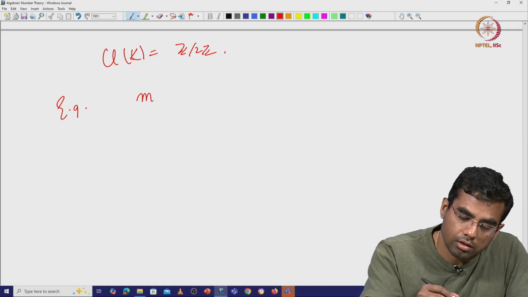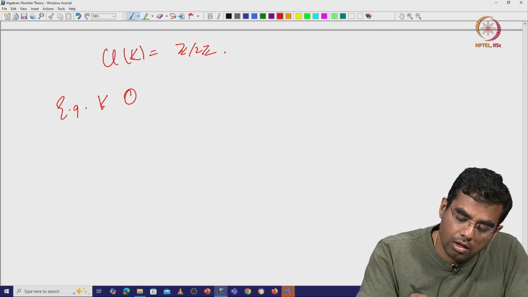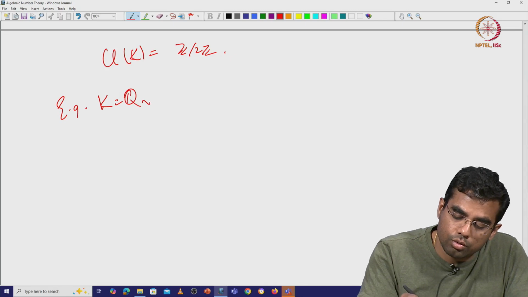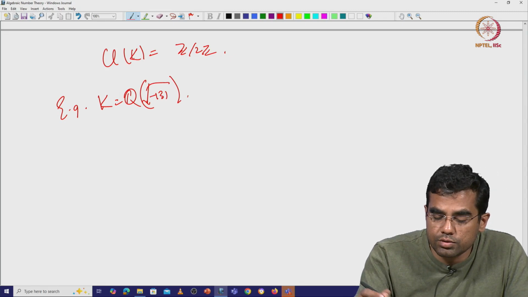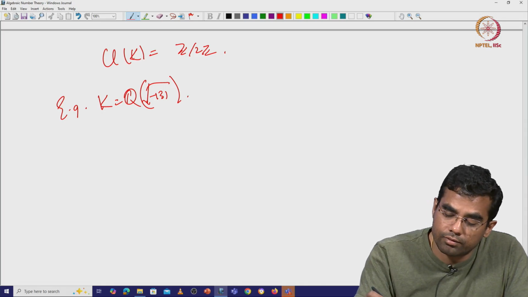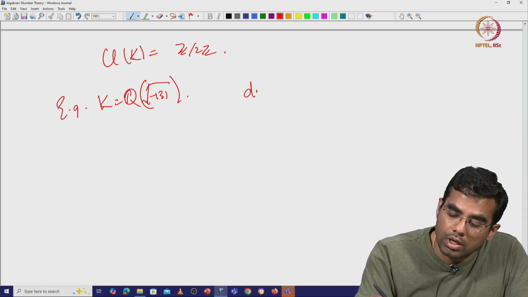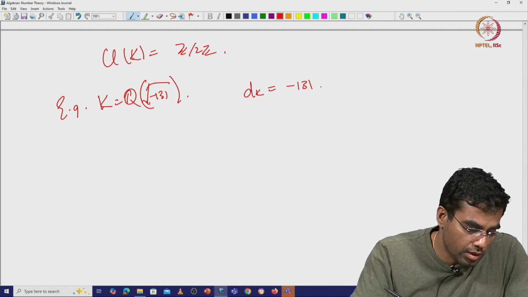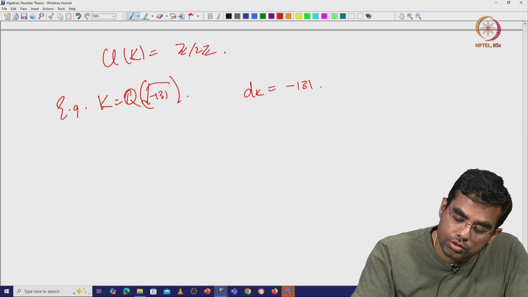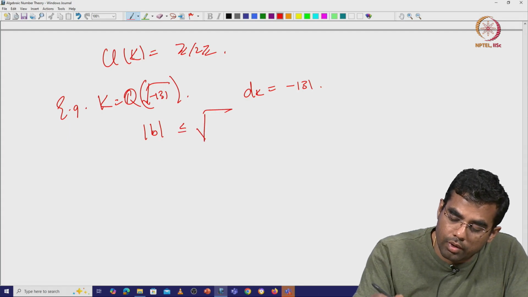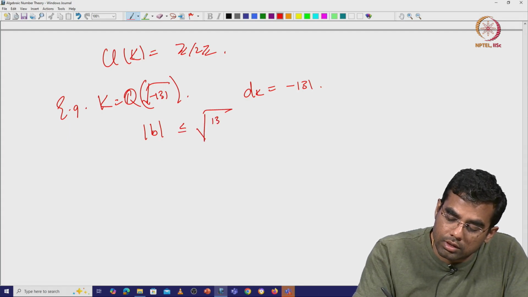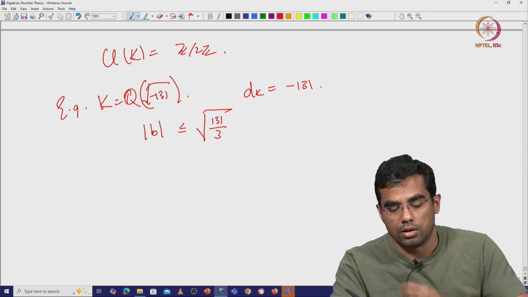So I take K to be Q of square root of minus 131, and minus 131 is also 1 mod 4. So dK is again minus 131, okay, and so the absolute value of b is less than or equal to square root of 131 by 3.